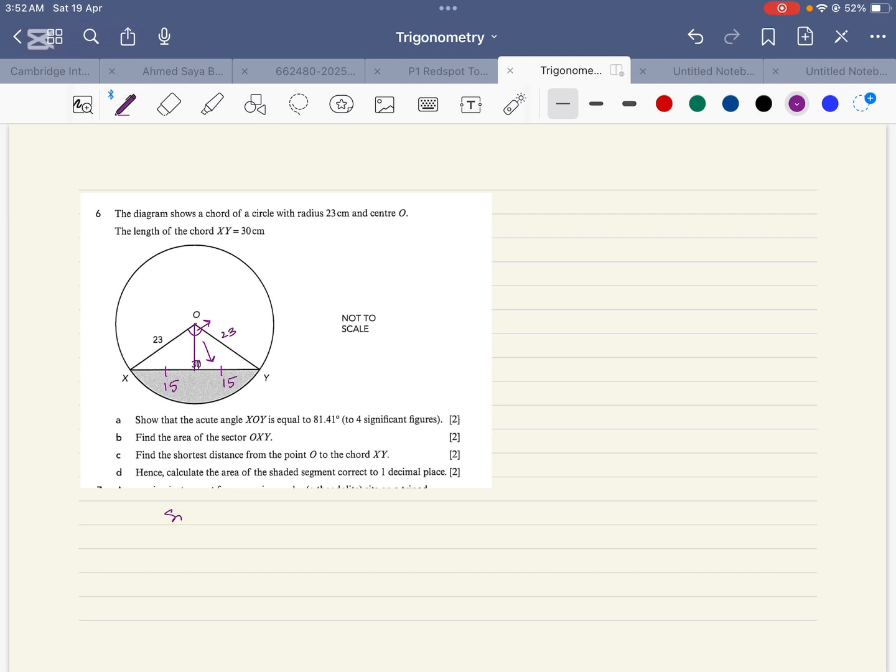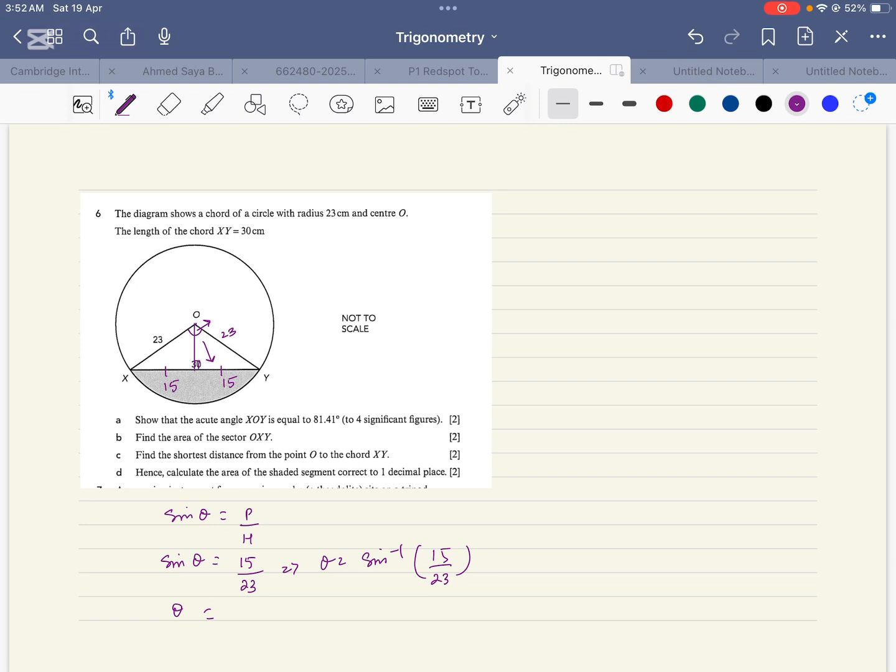So sin theta is equal to perpendicular upon hypotenuse. Sin theta is equal to perpendicular, which is 15, upon hypotenuse, which is 23. Theta is equal to sin inverse of 15 upon 23.